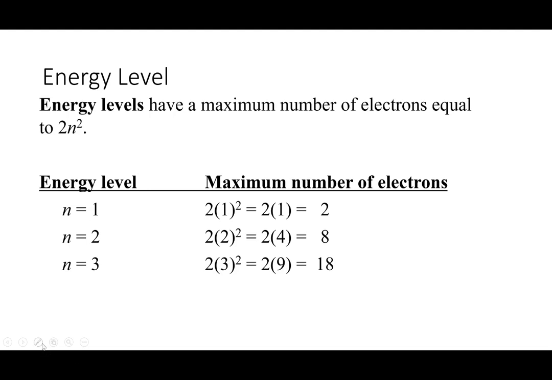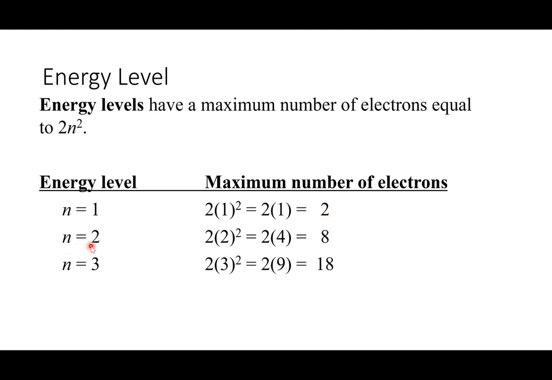So if we look down here at the first 3 shelves, on our first bookshelf, n equals 1. If we plug 1 into this equation, we have 1 squared, which is just 1, and then we multiply that by 2. So the first bookshelf holds 2 books.